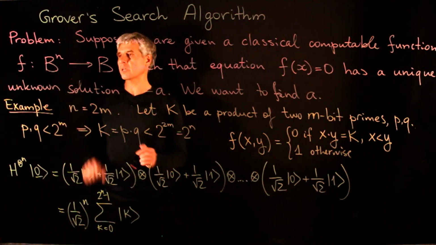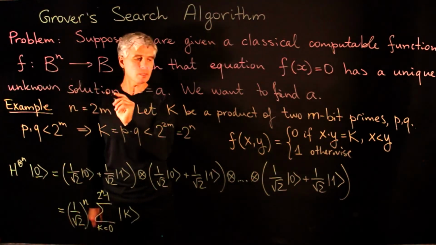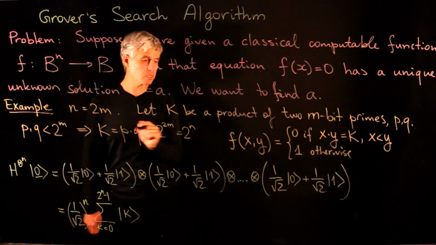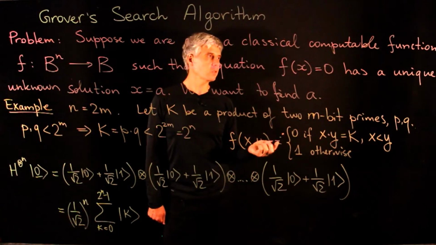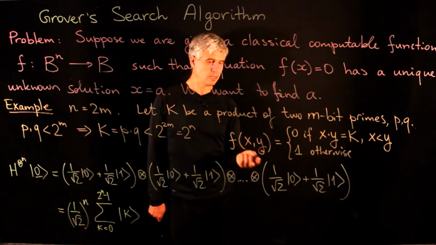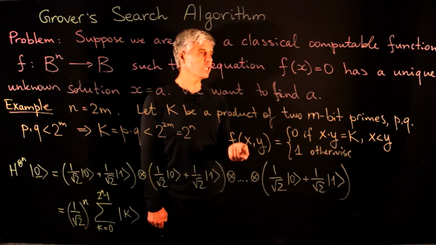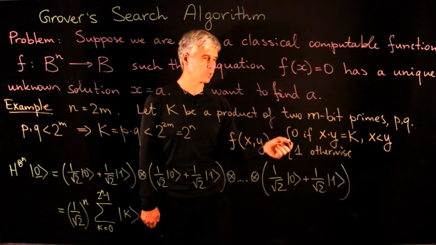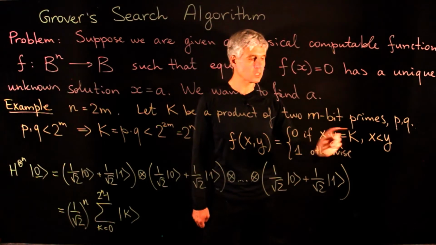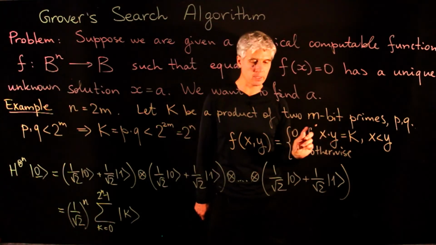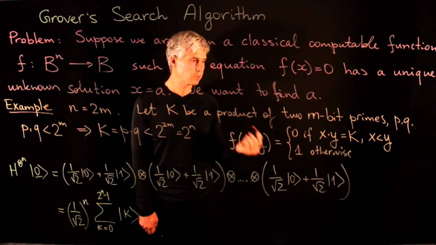So we get precisely a function f from b to the power n to b. The input is n-bit strings, the output is either 0 or 1, and there is a single input, a pair xy, for which f is equal to 0, because if k is a product of two primes, then there is a unique factorization of this type. And this factorization is difficult to find.